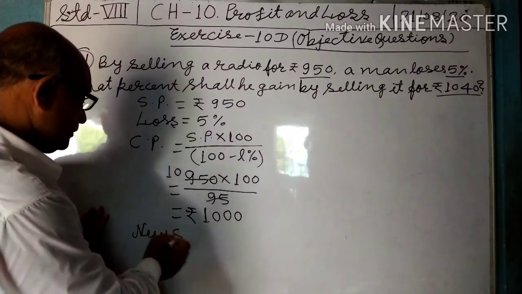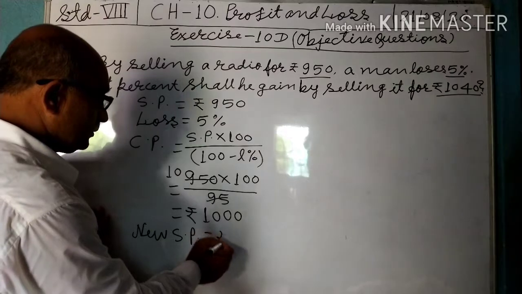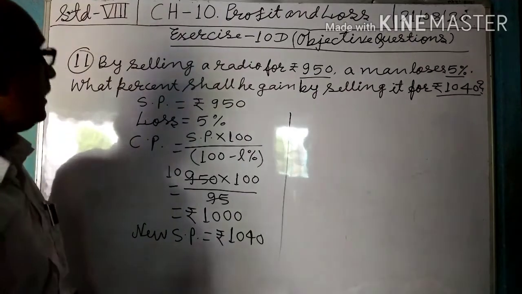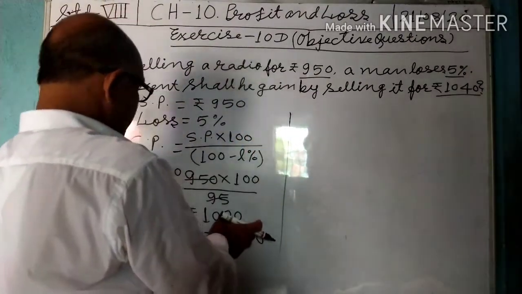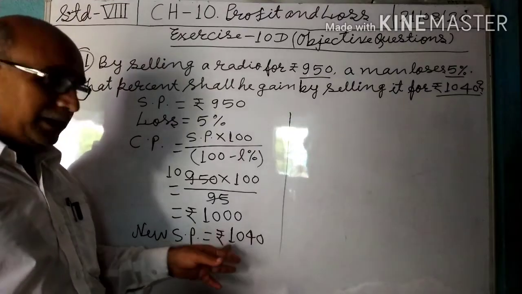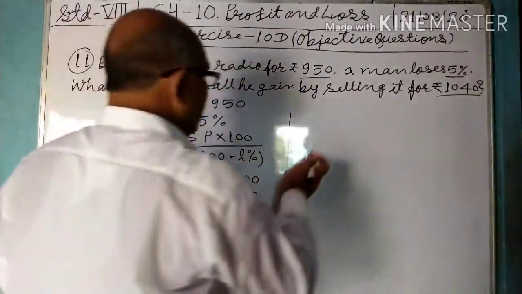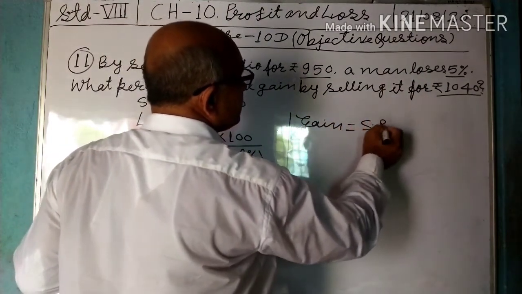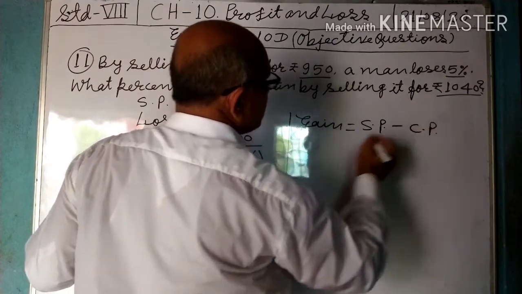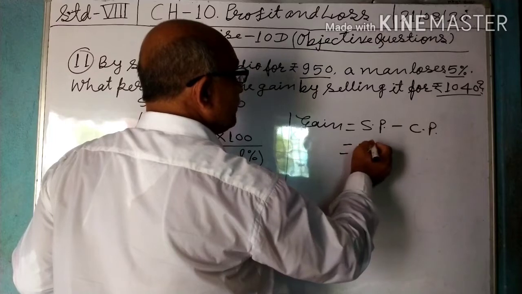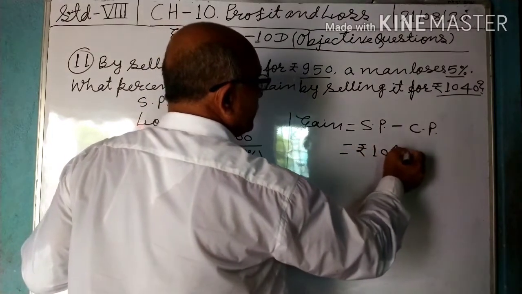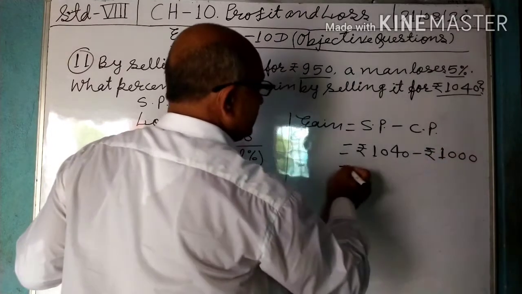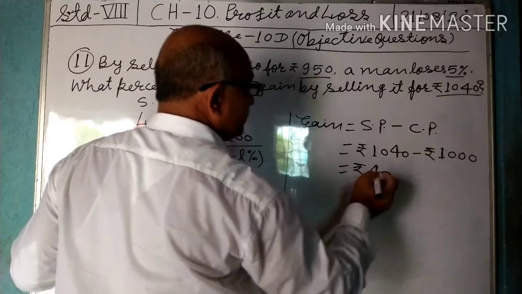So new SP equal to rupees 1040. So find gain. CP is less than SP. So here gain equal to SP minus CP. SP rupees 1040 minus rupees 1000 equal to rupees 40.